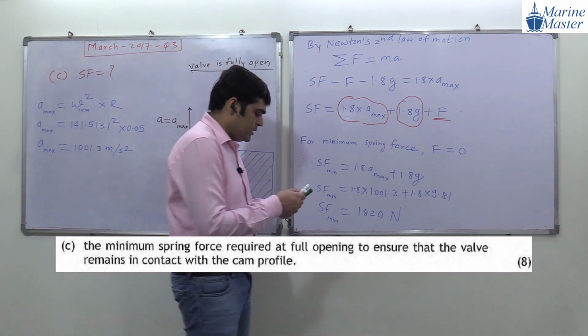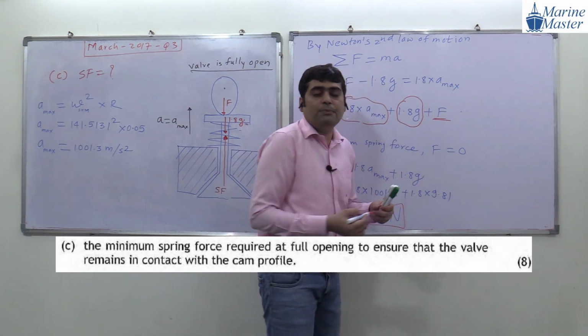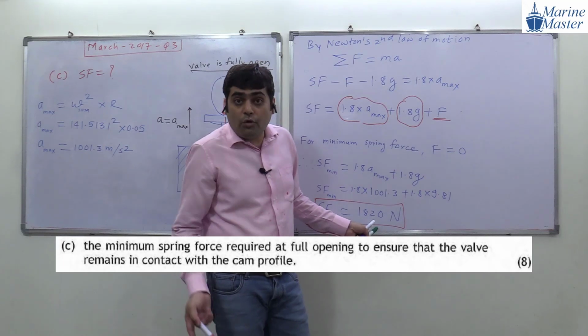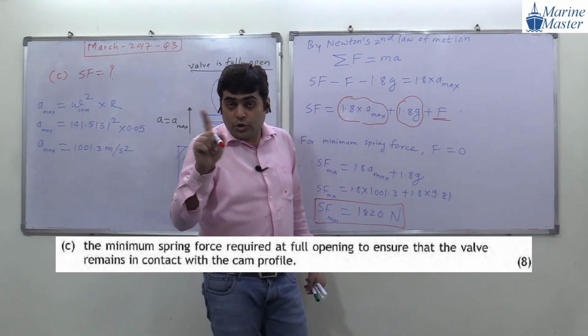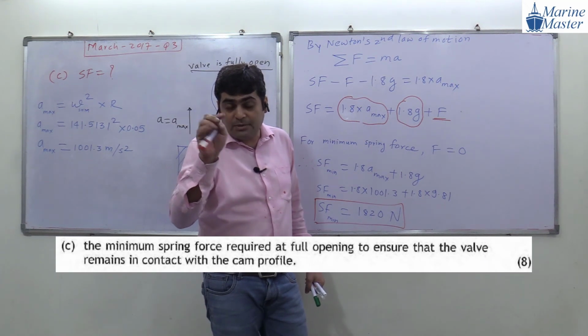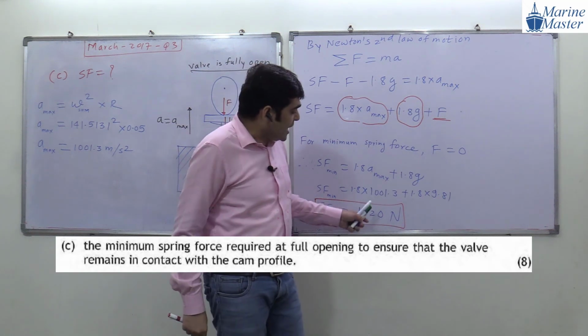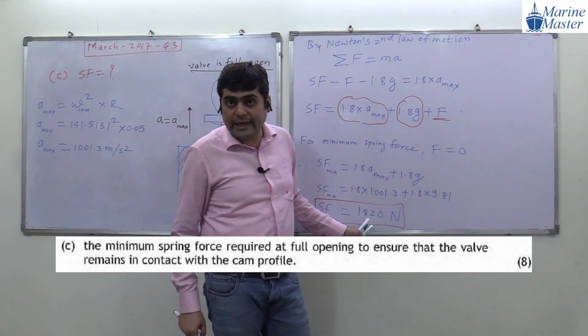Okay guys, are you getting my point? Okay, so it is the lowest value. Means if our spring is giving force lower than this one, then that spring is not eligible for us, guys. Then that spring is not eligible for that wall and cam assembly. Okay, so that spring must give this much minimum value of force. Okay, everyone getting the point?